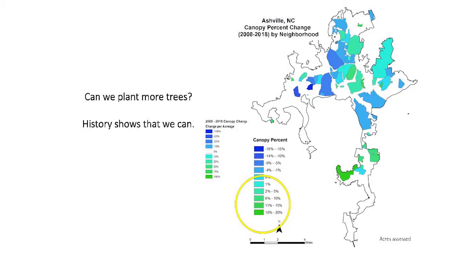So then the question is, can we plant more trees? And I think by looking at the data, we can see that areas have been successful in planting more trees. By looking at only the neighborhood level graphic that we have, you certainly have areas that have grown their canopy cover by up to 20% in the 10-year period, which is quite remarkable.